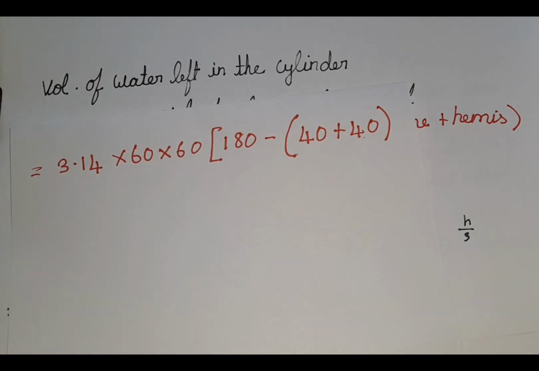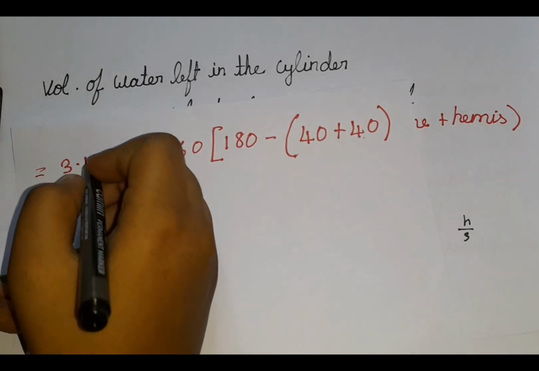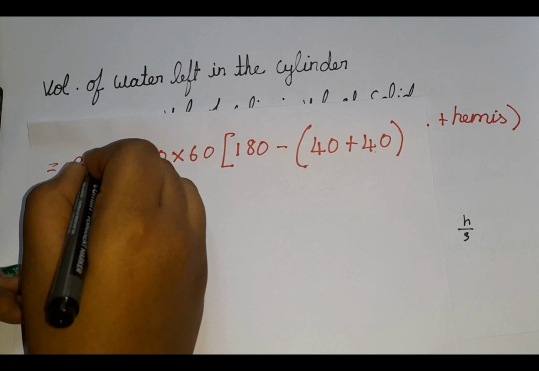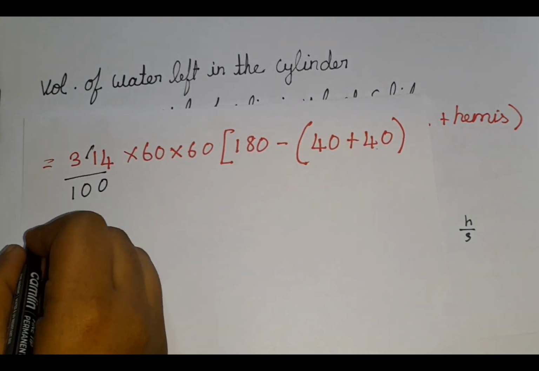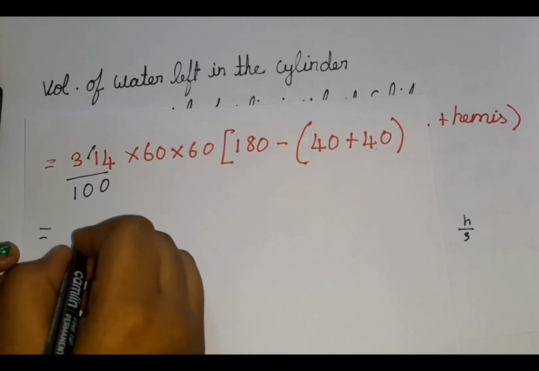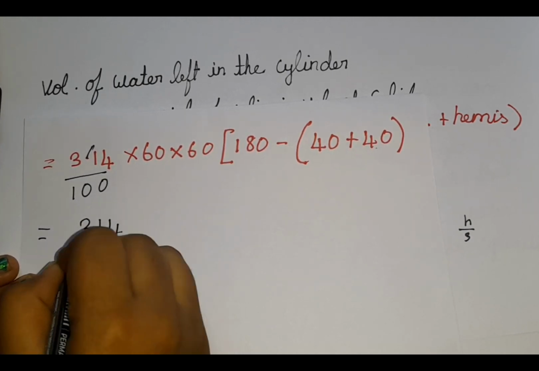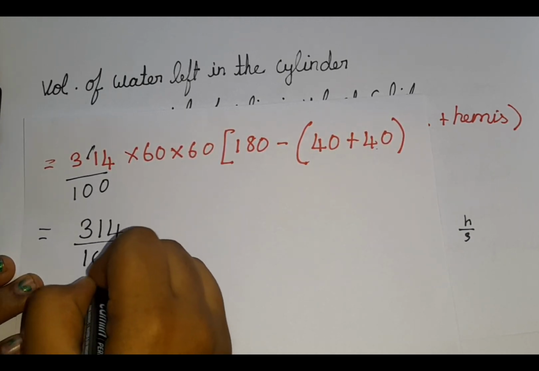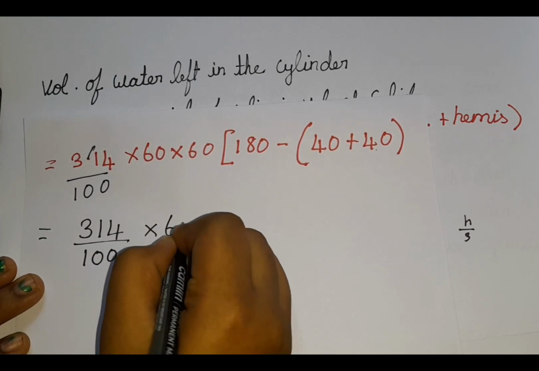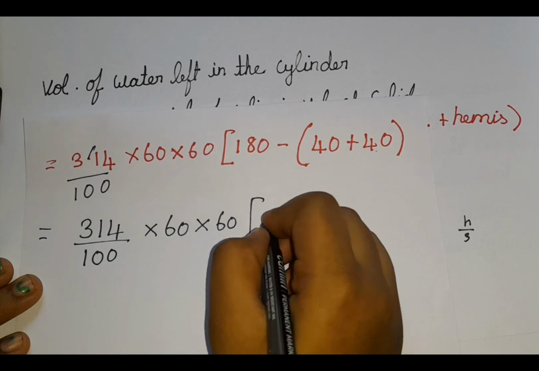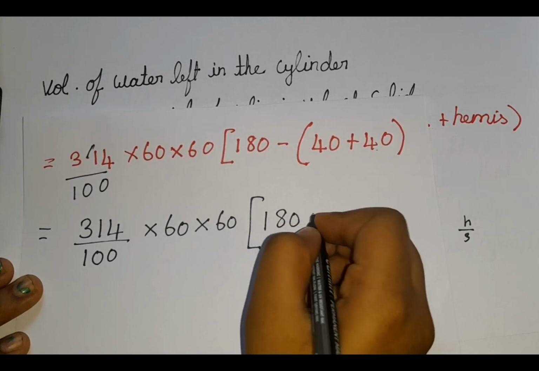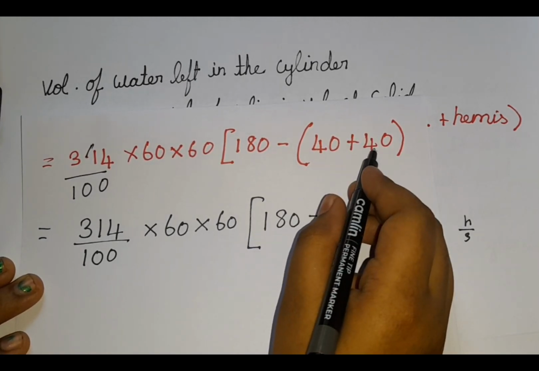Now we can take off this point, so it becomes 100. Now we can write them as it is: 314 by 100 into 60 into 60, and then big bracket, 180 minus, so 40 plus 40 is 80.